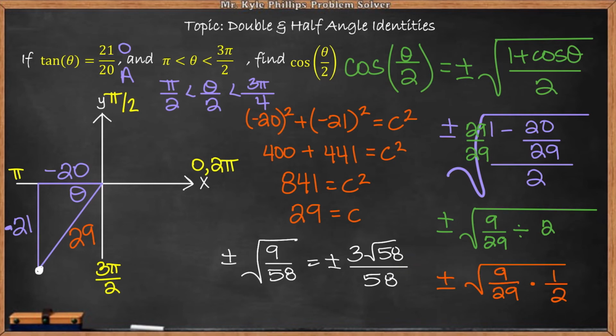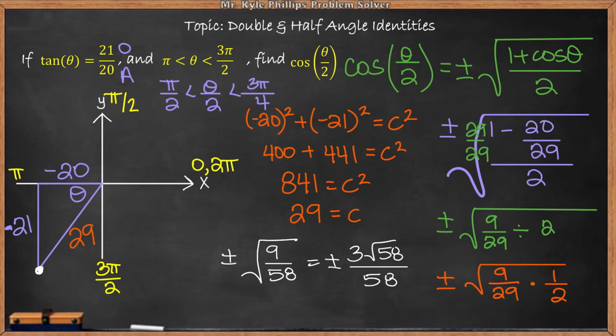When you have a fraction inside of the square root, you take the square root of the numerator and the denominator. The square root of 9 is 3, and the square root of 58 is just the square root of 58. But we can't have square roots in the denominator, so we rationalize. We bring that root 58 up, and we get rid of the root 58 on the bottom. Now, this means plus or minus, so the answer can't be both positive and negative. We need to know whether this solution is positive or negative.